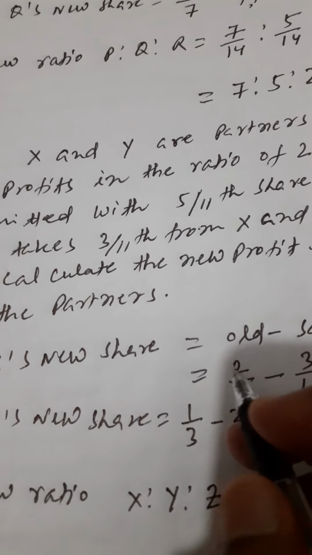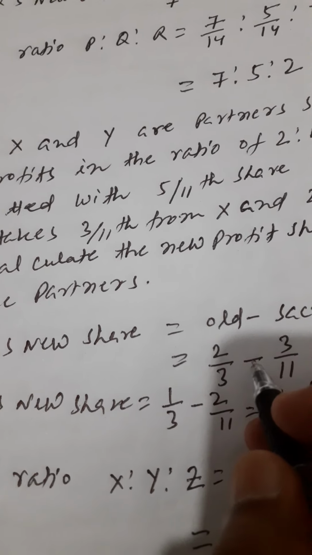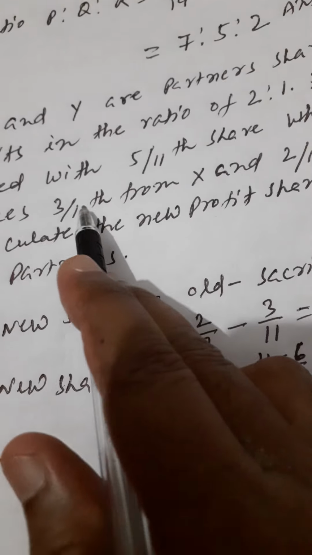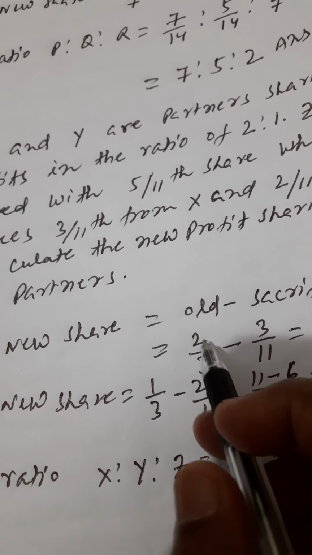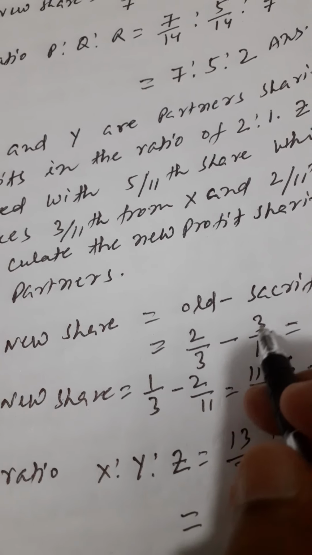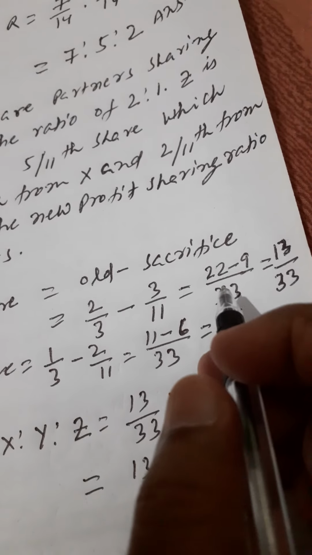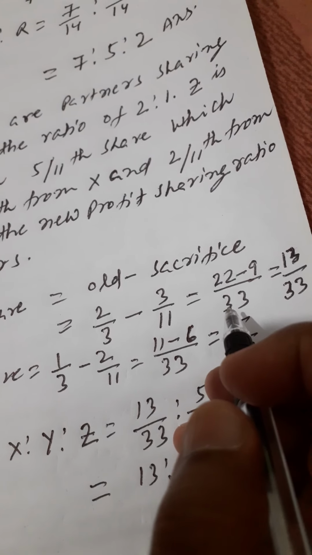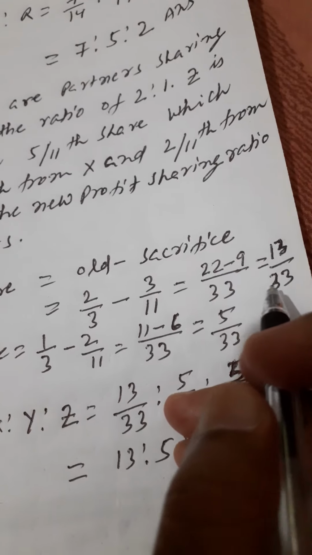Old share is 2/3 and sacrifice is already given in the question, 3/11. So old share 2/3 and sacrifice 3/11. Then LCM will be 33, and you will get 13/33.